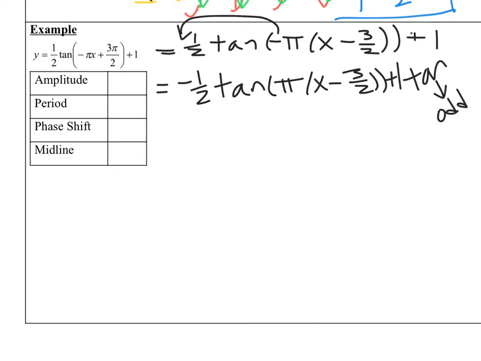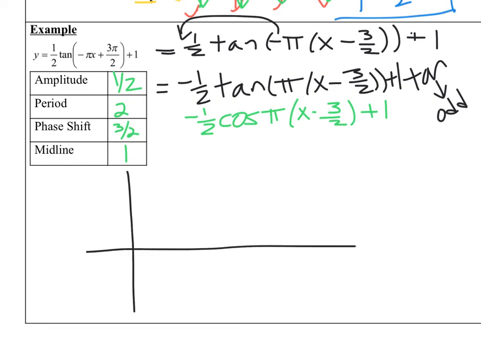So now let's fill in our table, and we're going to think about doing this as cosine since we're doing tangent. So I've just filled in our table like normal. I see my phase shift is right 1.5, so I'm going to do my scale in terms of halves. And you could do these without reducing your denominators if you want to.